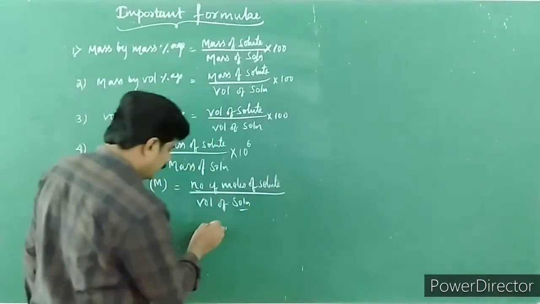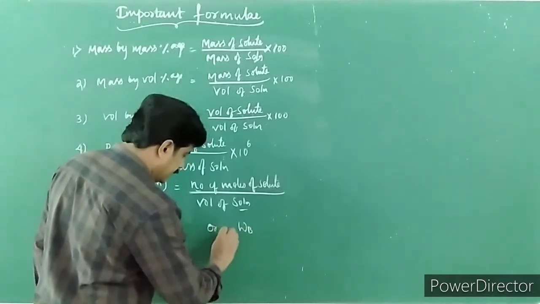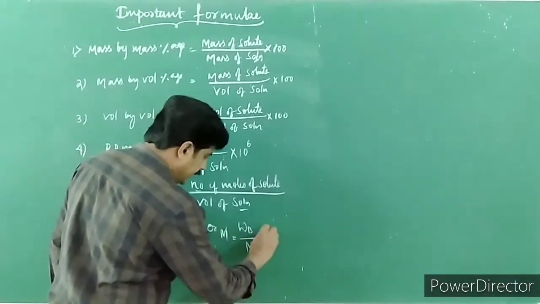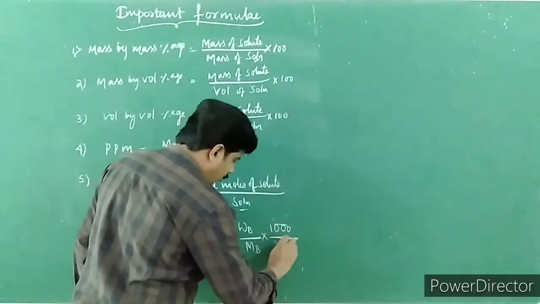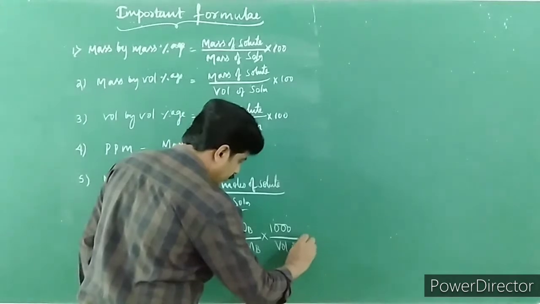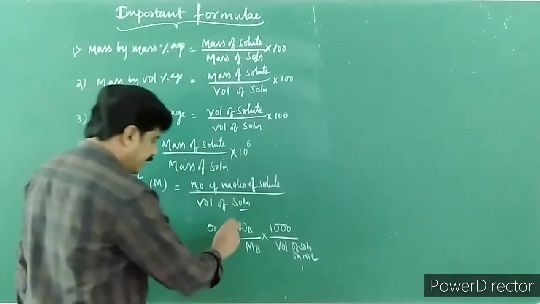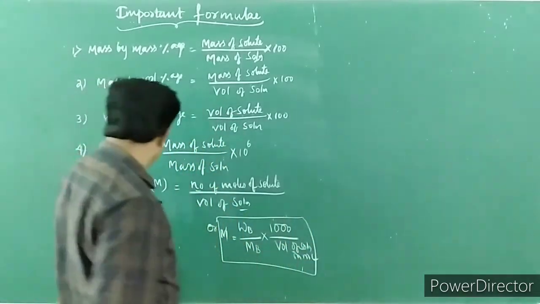Or you can also write, look at here, M is equal to WB upon MB into 1000 upon volume of solution in ml. This is very important for solving some of the numericals. We will take it later.